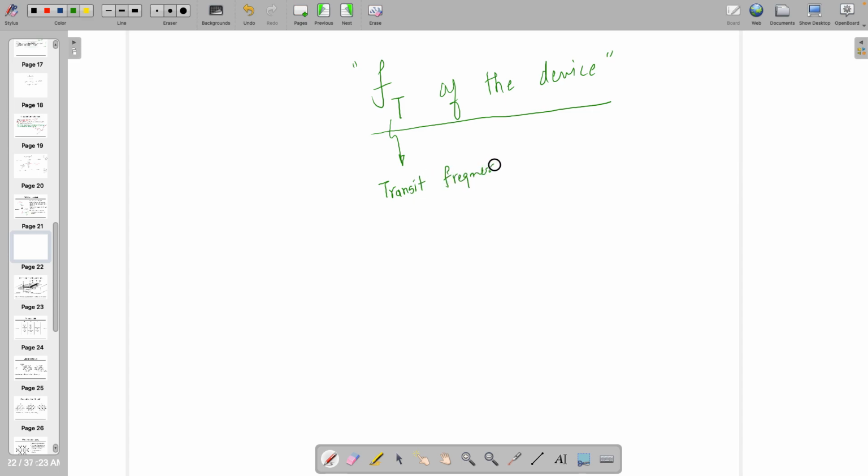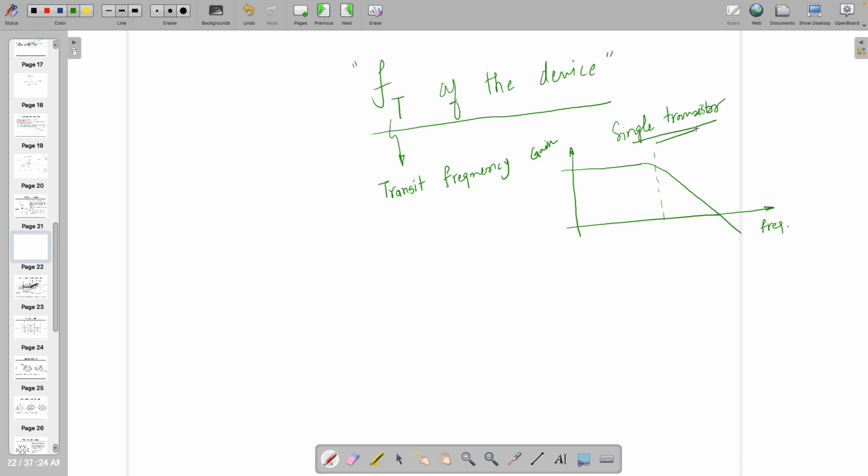All device people are using it. So if I am looking at frequency with respect to, let's say, gain of a single transistor. This is for a single transistor. No load, nothing. Single transistor.